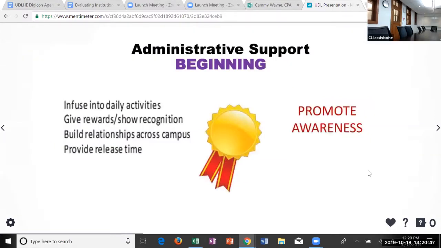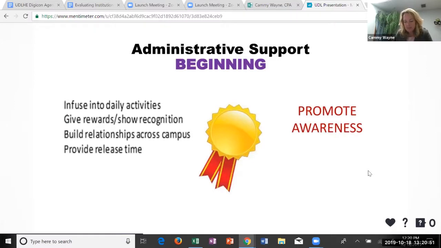So if we are at that beginning stage of implementing UDL, what we really want to do, from an administrative standpoint, is give out rewards, show some kind of recognition. And this doesn't have to be anything major. It could be a piece of paper. As long as we're giving this recognition to our faculty and staff who are implementing this, it's going to be recognized by their peers.